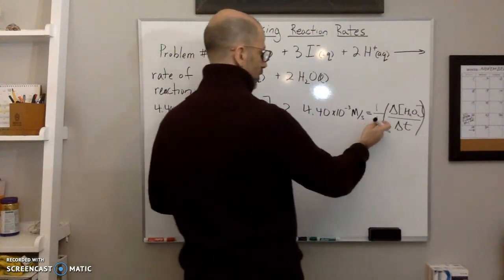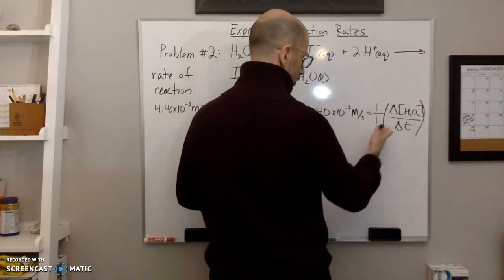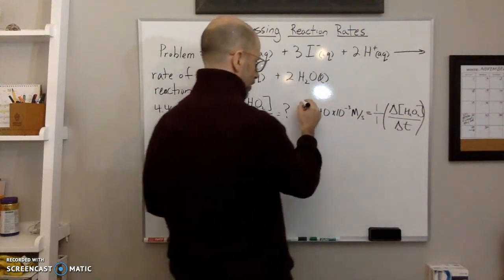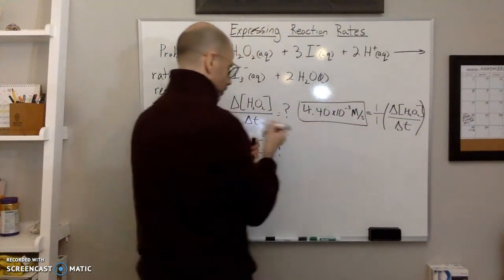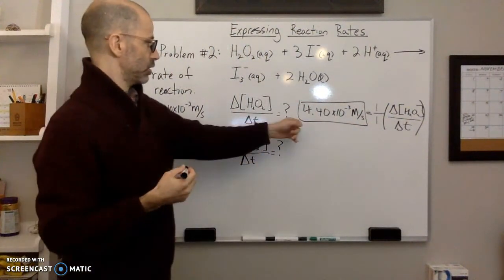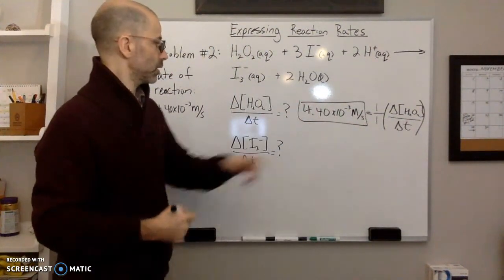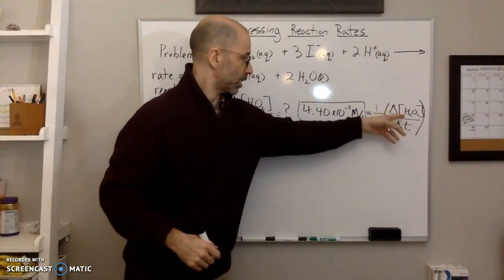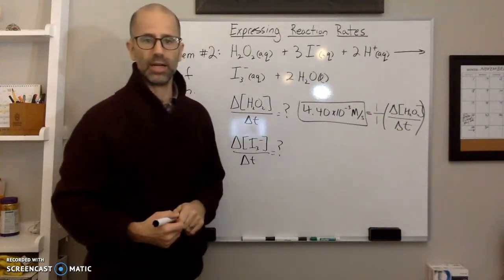Since it's 1 over 1, this ends up being the rate of change of the hydrogen peroxide over time.